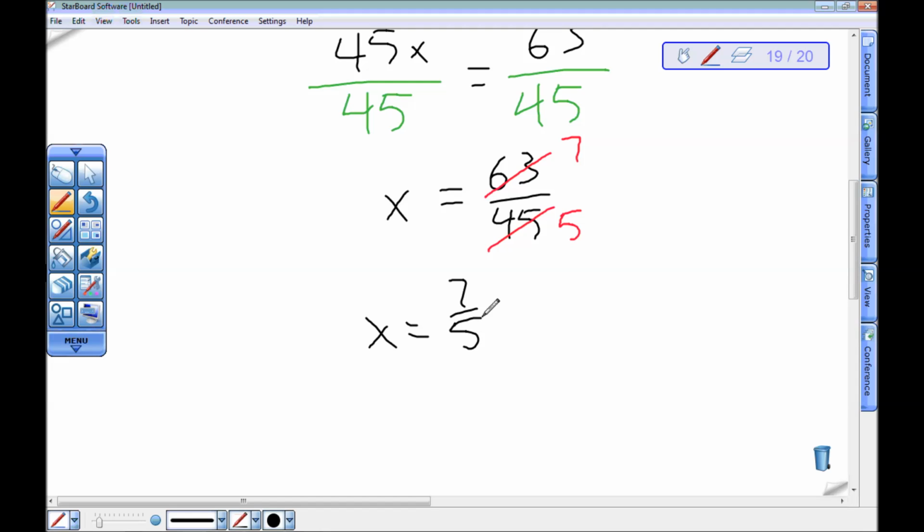Now, you may be asking me, well, can't I write it in a different way? Sure, right? That's a fraction. It has a nice decimal equivalent. 7/5 is also 1 4/10. It's 1 2/5. Okay, sure, that's fine.